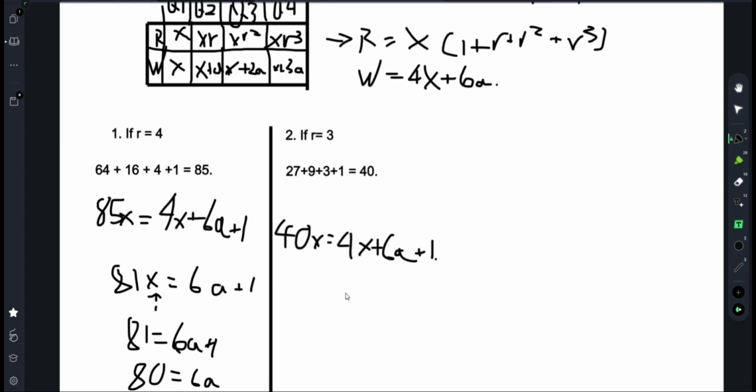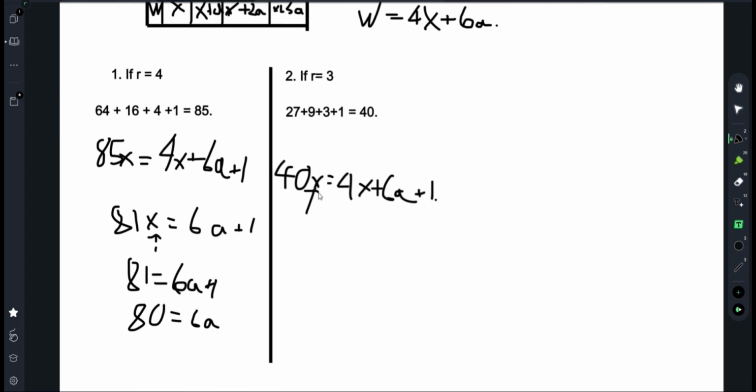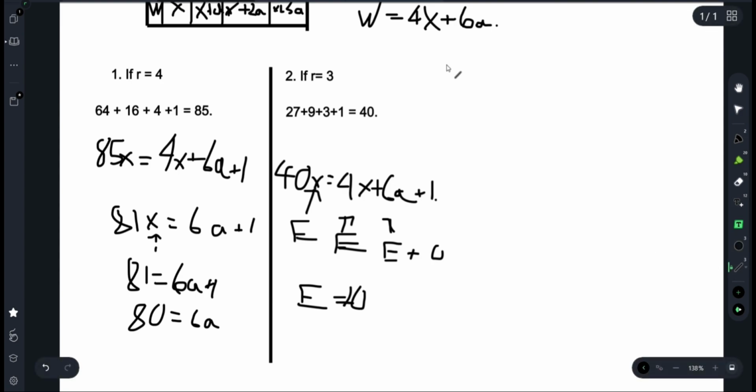We immediately realize this is not right, because 40 times x is always going to be an even number. 4 times x is always going to be even. 6 times a is always going to be even. But 1 is odd. So even cannot equal odd. So this is already eliminated. We don't even have to check.